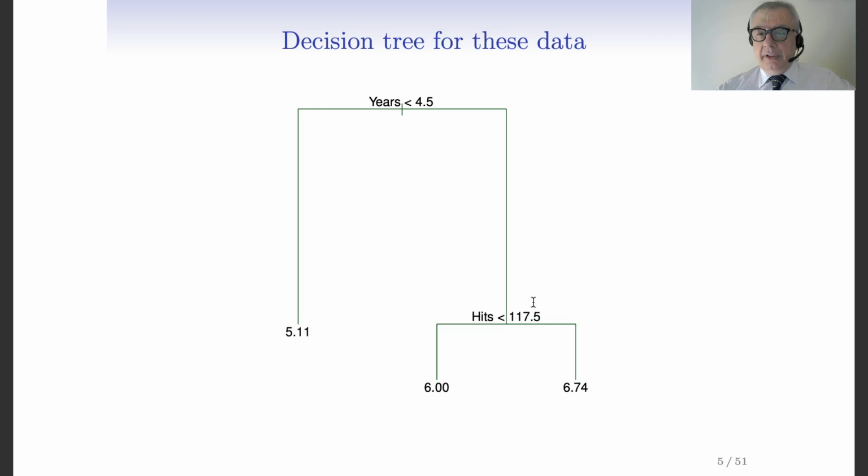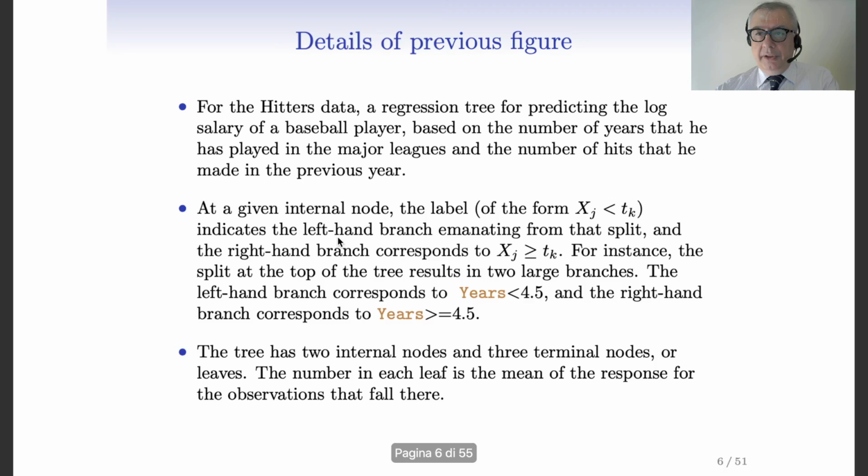And if you are above, this is 6.74. If I remember well, this is not proportional to the wage, but there is a logarithmic transformation for this data. So the automatic algorithm gave results that are in accordance with our heuristic assessment. Okay, yes, log salary. Here you can see that we are talking about log salary.